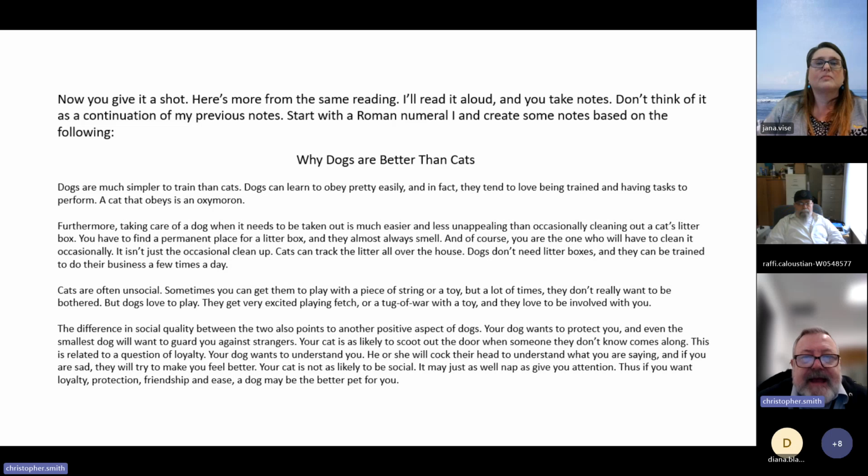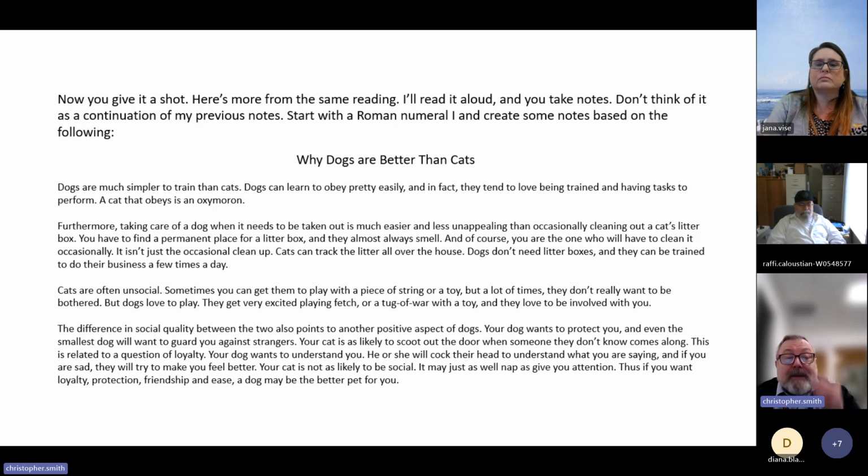Why dogs are better than cats. Dogs are much simpler to train than cats. Dogs can learn to obey pretty easily, and in fact, they tend to love being trained and having tasks to perform. A cat that obeys is an oxymoron. Furthermore, taking care of a dog when it needs to be taken out is much easier and less unappealing than occasionally cleaning out a cat's litter box.